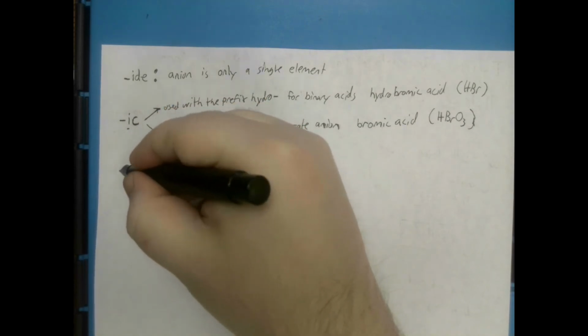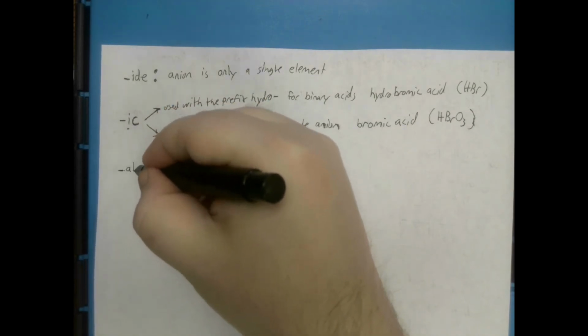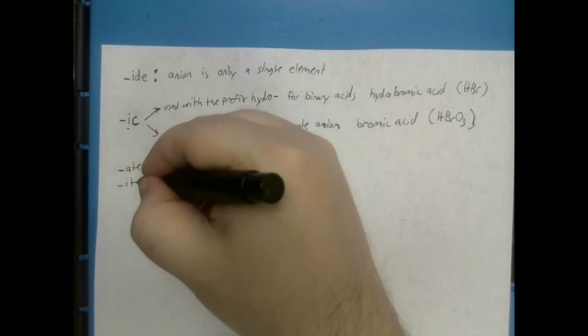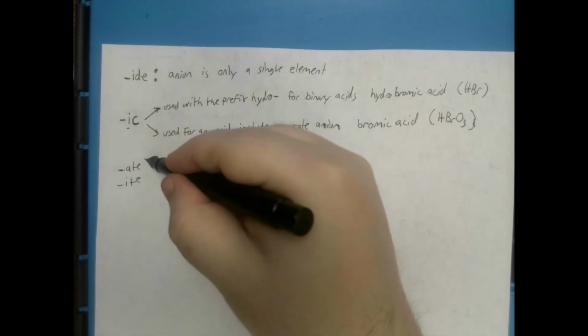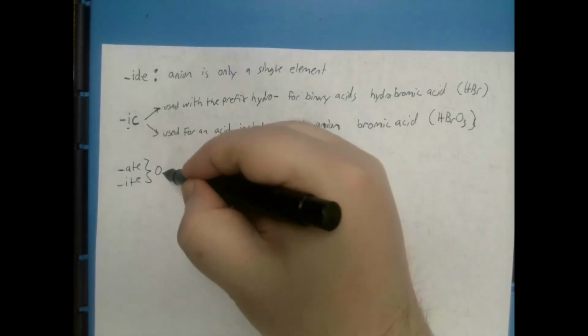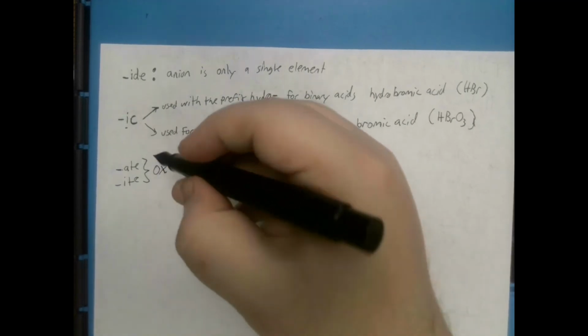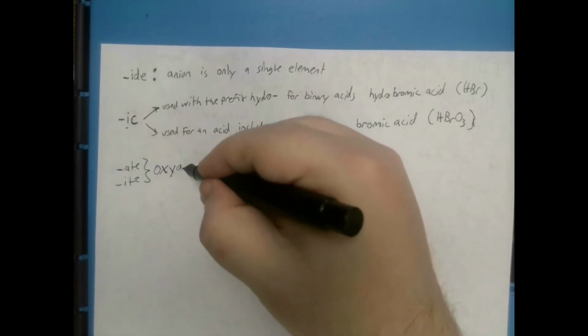And then -ate and -ite are for the oxyanions.